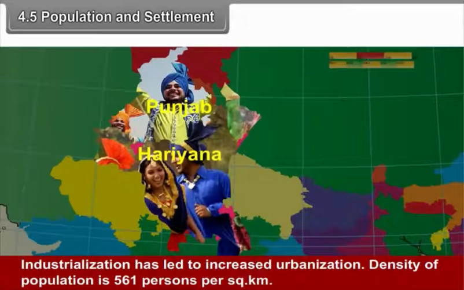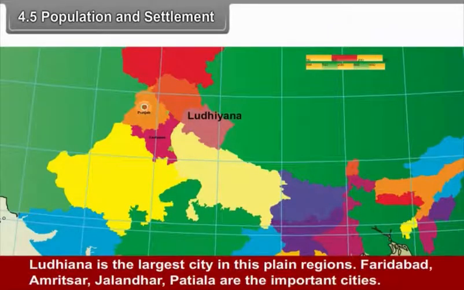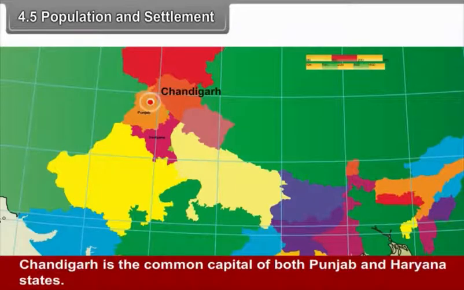Density of population is 561 persons per square kilometer. Ludhiana is the largest city in this plain region. Faridabad, Amritsar, Jalandhar, Patiala are the important cities. Chandigarh is the common capital of both Punjab and Haryana states.